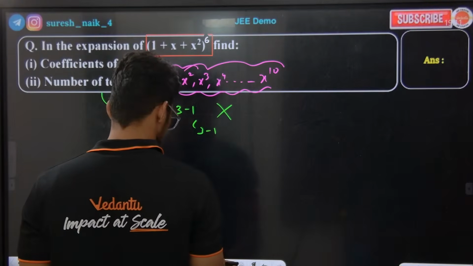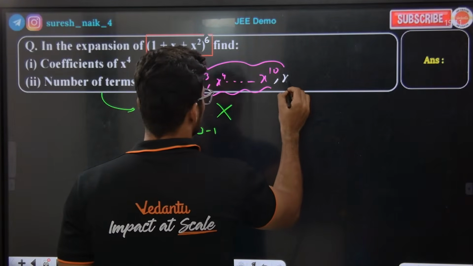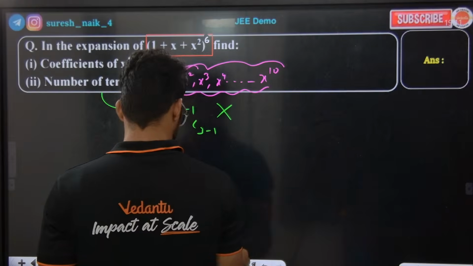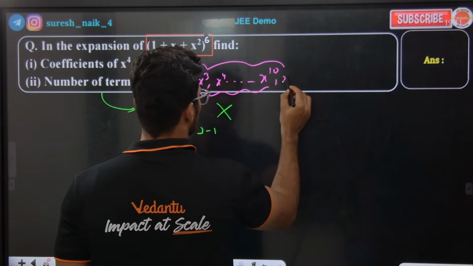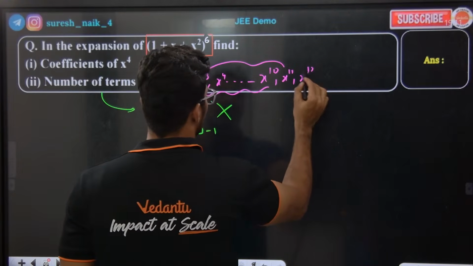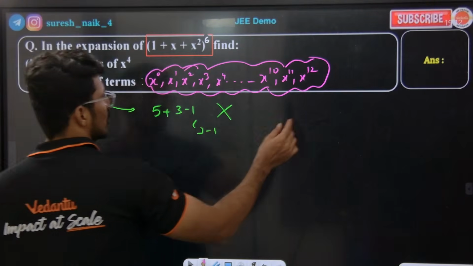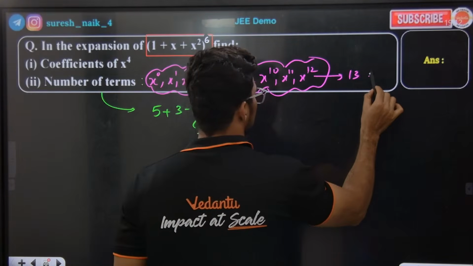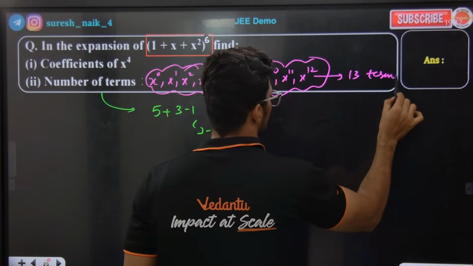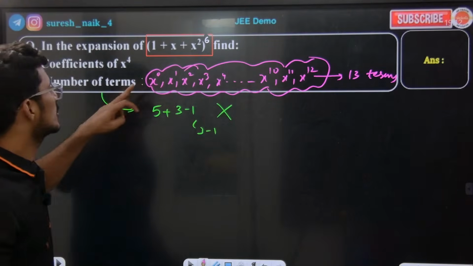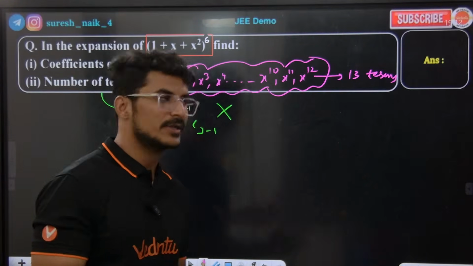If I write this as 6, we will be having x to the power of 11 term and x to the power of 12 term also. So the total number of terms is now 13 terms: x to the power of 0 to 12, now 13 terms.